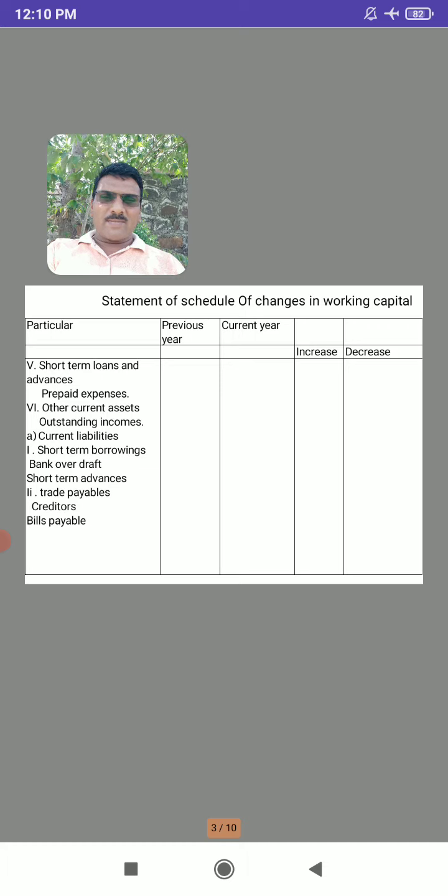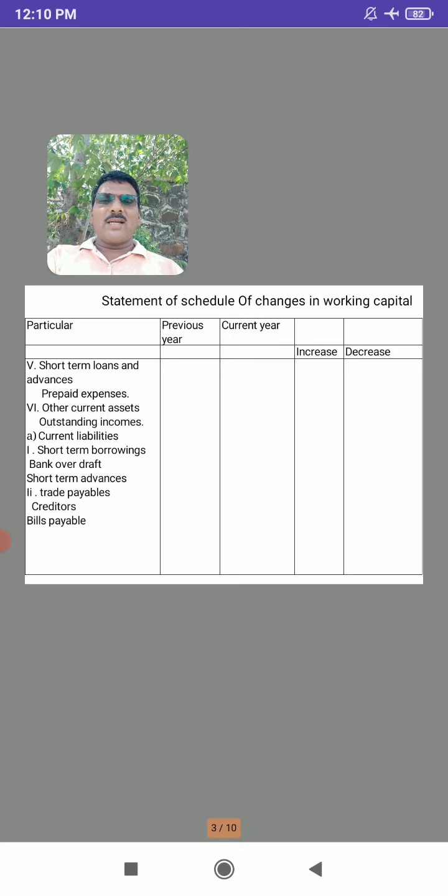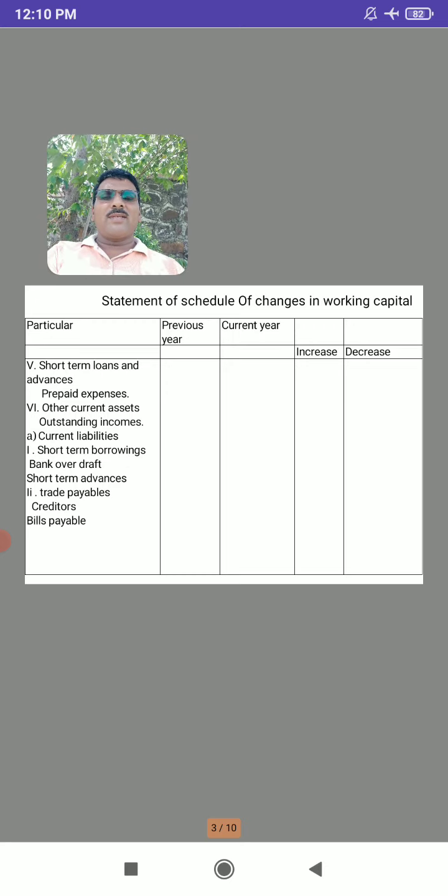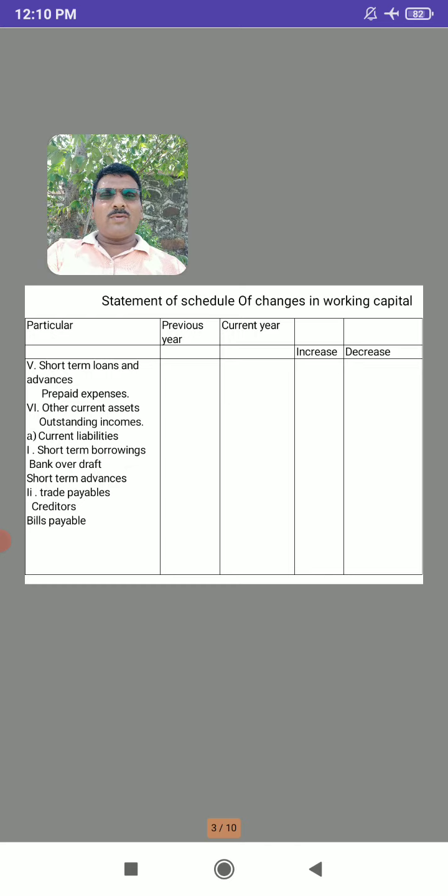Prepaid expenses, short term loans and advances, that is prepaid expenses. Other current assets, outstanding incomes. Now after taking the current assets and the current liabilities, all current assets are named as capital A, or anything, for our convenience.